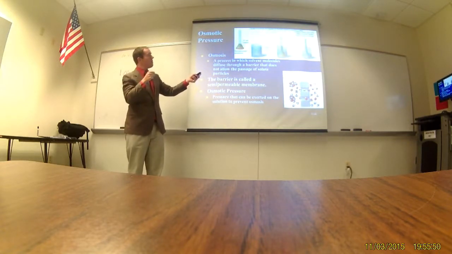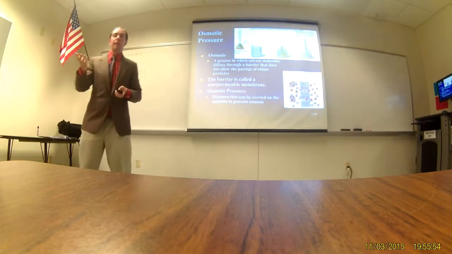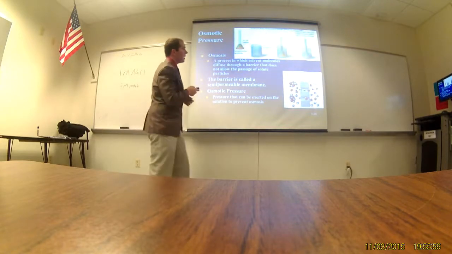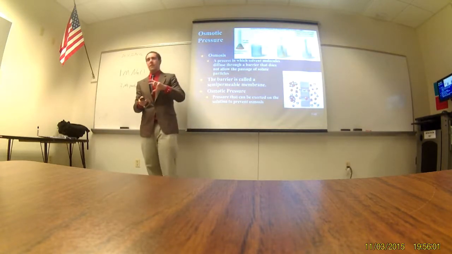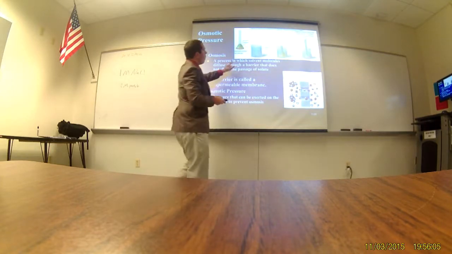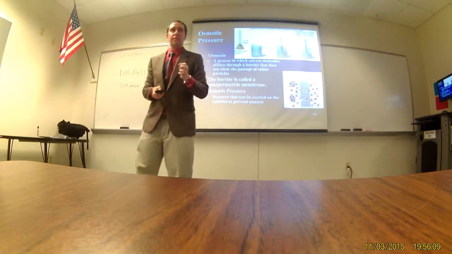And we put this membrane on the bottom of the funnel to keep everything from spilling out. We say it's semi-permeable because some things can get through and some things can't. In these situations, water can get through, salt cannot.